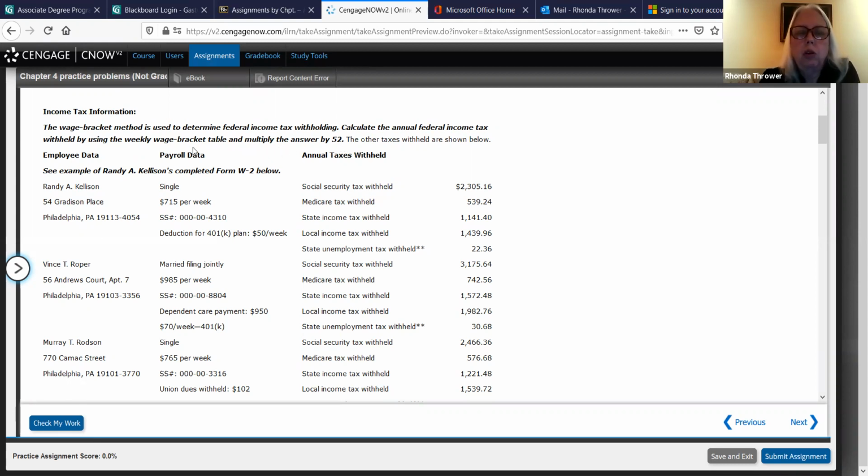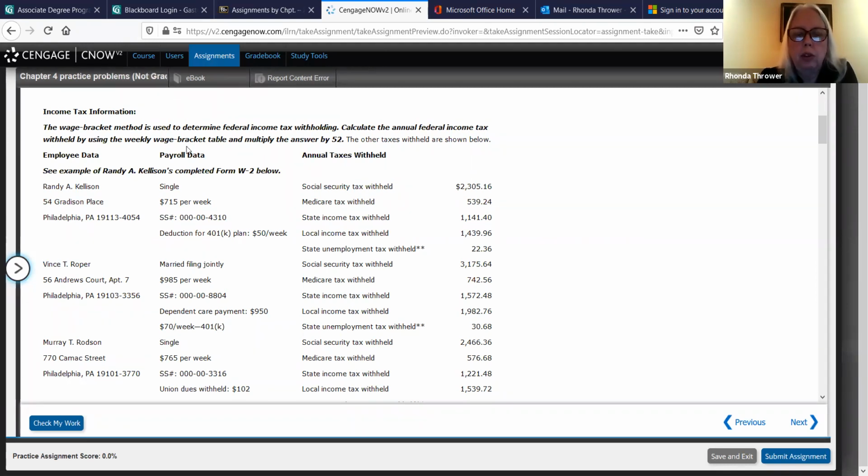In other words, we're going to find the payroll taxes that would be withheld for one pay period, which is weekly, and then we're going to multiply it by 52 weeks in the year to get the annual amount of the federal income taxes.